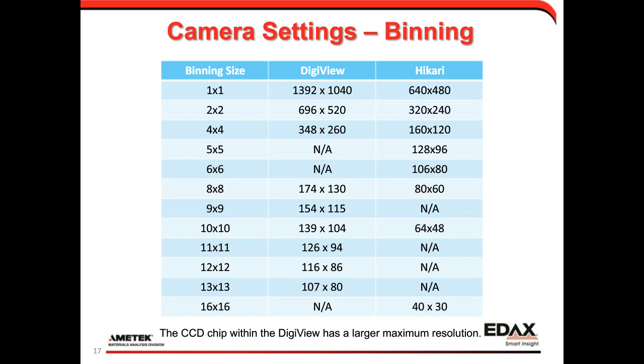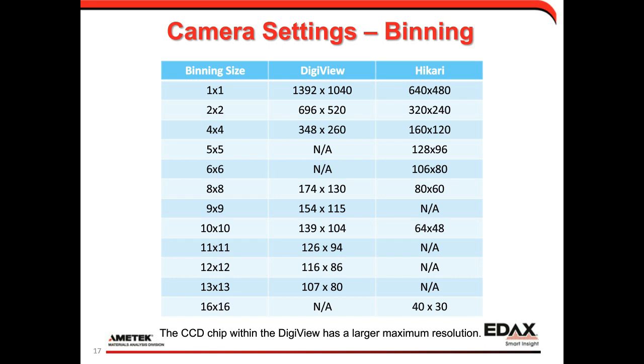Here are the camera settings. Here are the binning levels we have. And we can see that there are quite a few on here. There are going to be differences here because the CCD chips are actually different between the DigiView and the Hikari. But in general, there's a big change between these two because of that. Again, when I'm doing high-speed mapping, when I'm starting to push my camera to its speeds, I will usually be running at about 10 by 10.